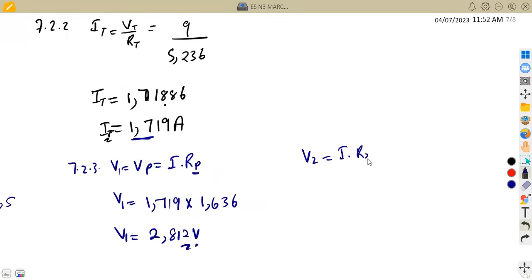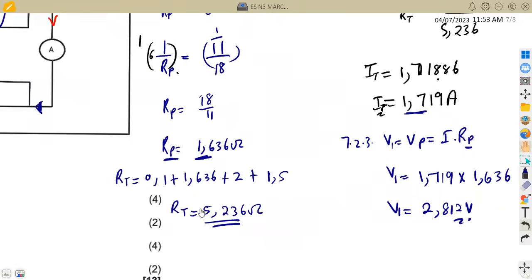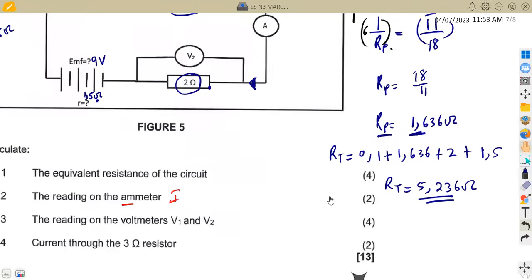That's the total current of 1,719 times the 2 ohm resistor. So times 2, our V2 is going to be 3,438 volts in this case. All right, so we've got the voltages across the voltmeters V1 and V2.